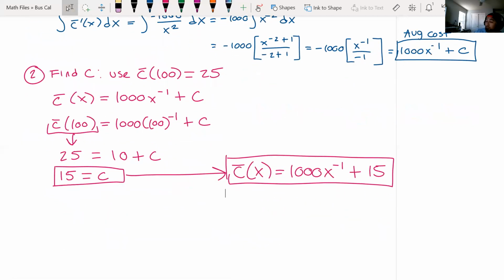All right. So we found the average cost function. We have completed the average cost function.